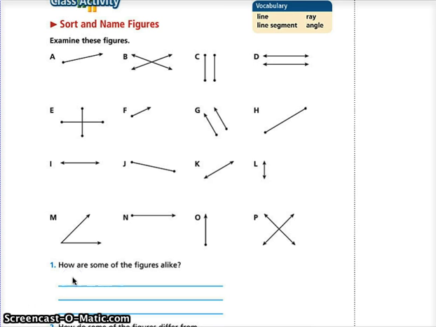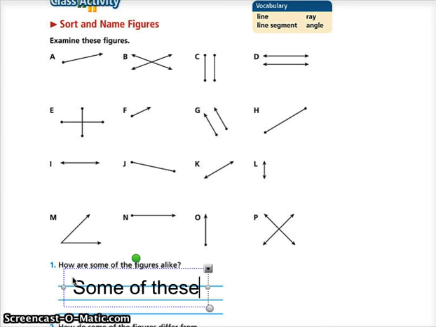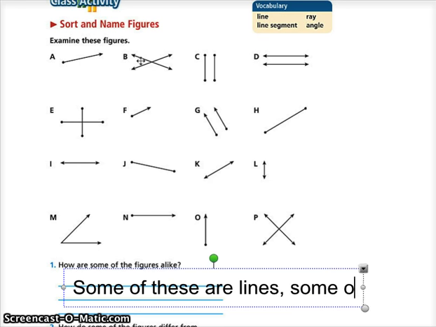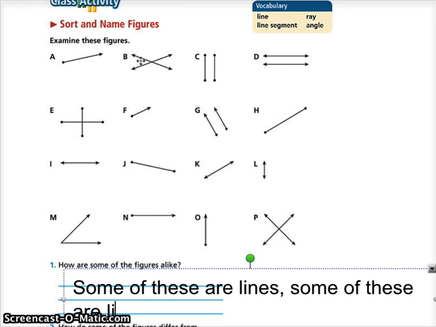I know that some of these are lines. An example would be I. I is a line. K is a line. D has two lines. B has two lines. Some of these are line segments.